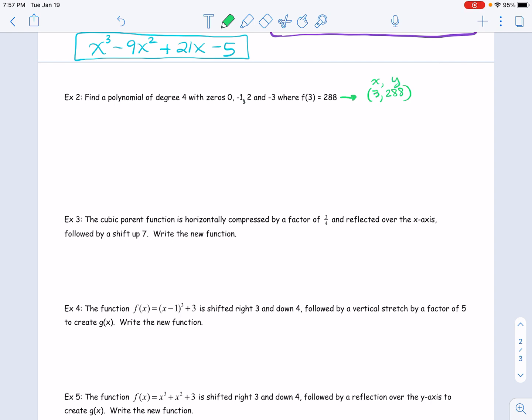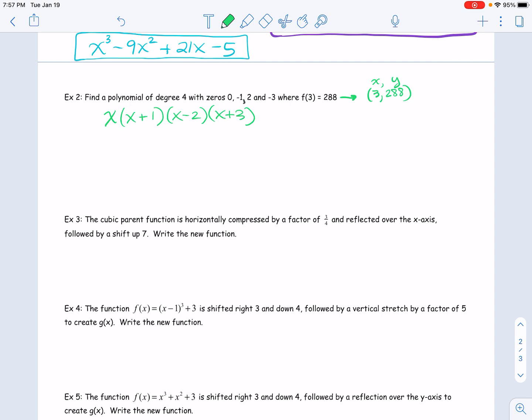First thing I want to do is write out what this polynomial looks like in intercept form. A 0 of 0, a 0 of negative 1, a 0 of 2, and a 0 of negative 3. So here's our polynomial. And yes, I can multiply it out and write it in standard form, but it doesn't say in the directions, so I can just leave it as is. But I need to worry about this f of 3 is equal to 288 business.